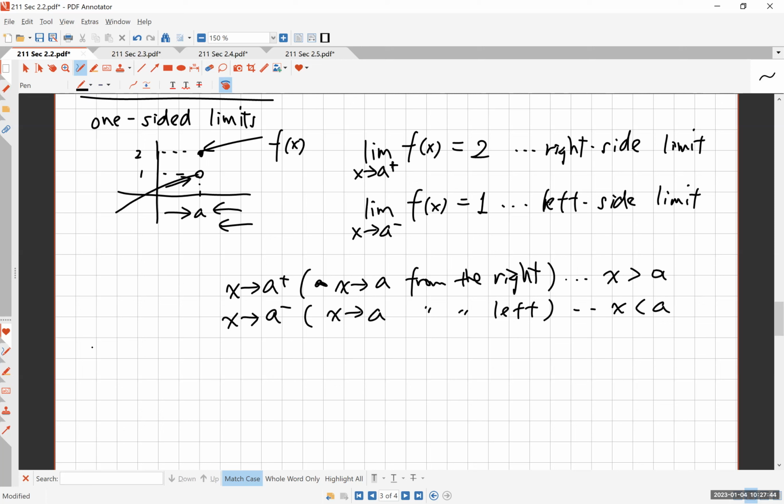All right, and here's the fact. Maybe you can write this as a theorem if you like.